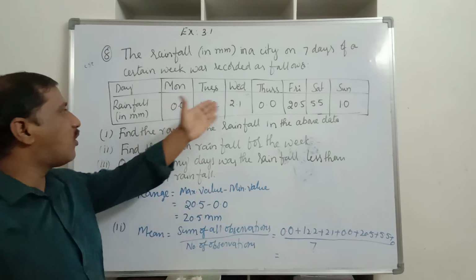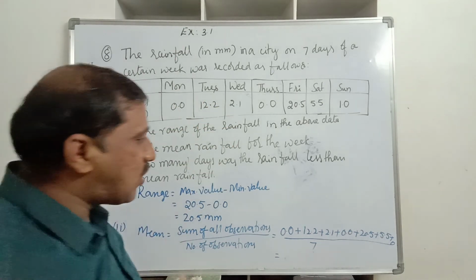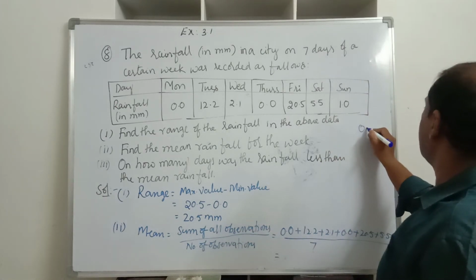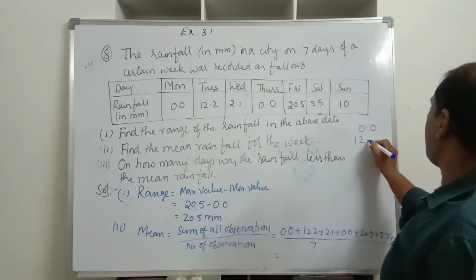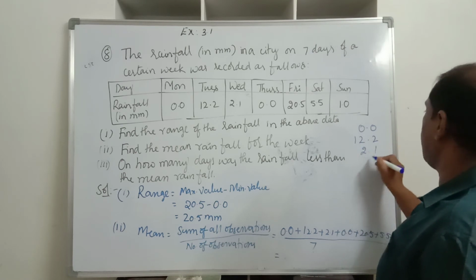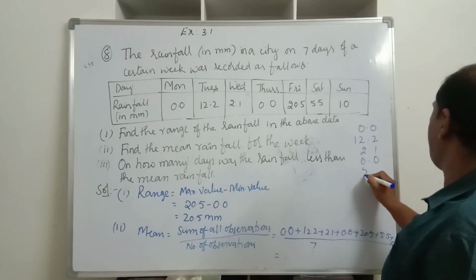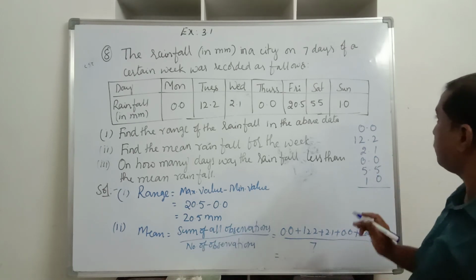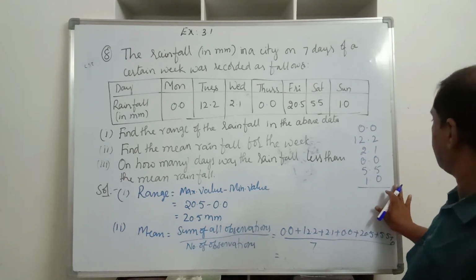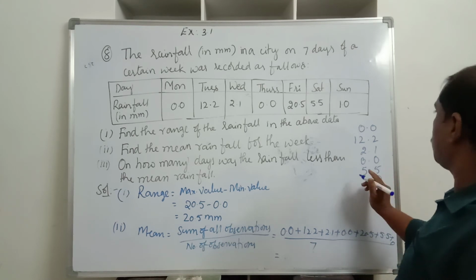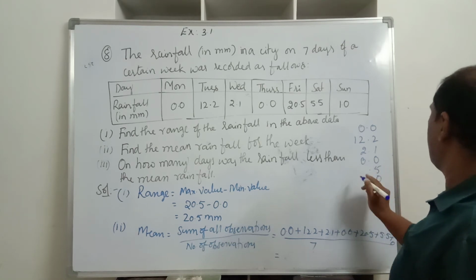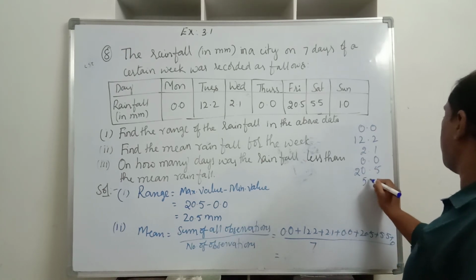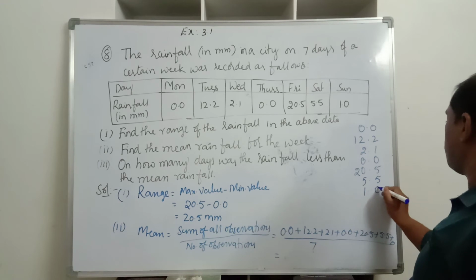While we are adding, ignore the zeros, right? If we add 0 to any number, we get the same number. So the observations are 12.2, 2.1, 20.5, 5.5 and 1.0.